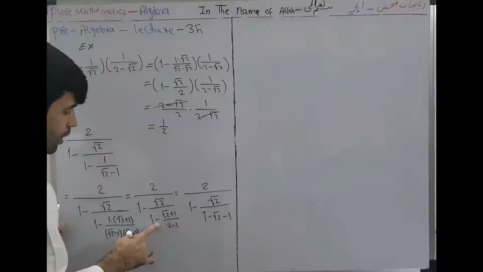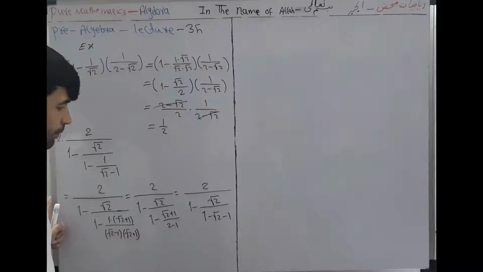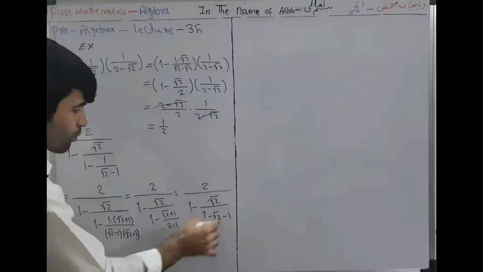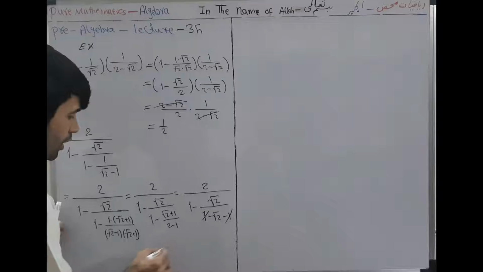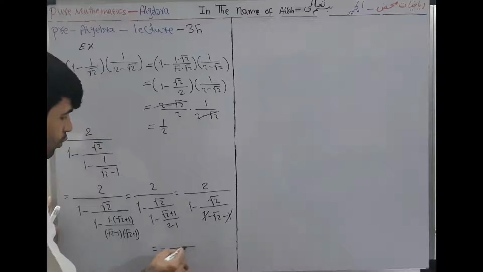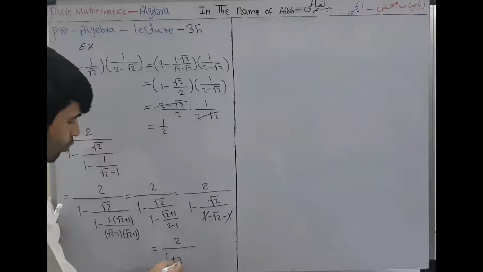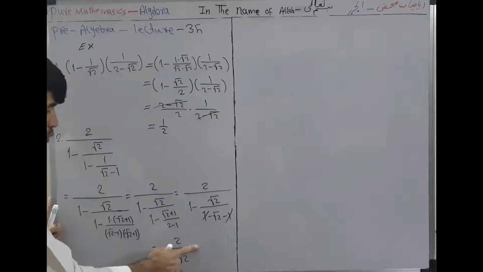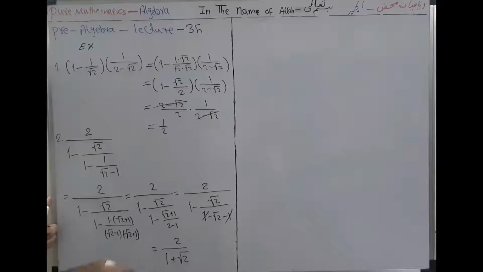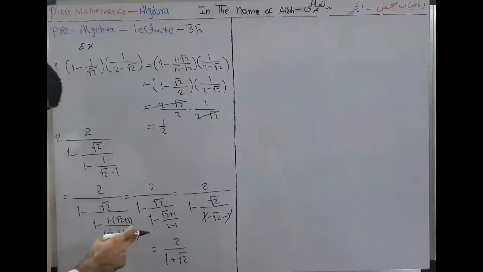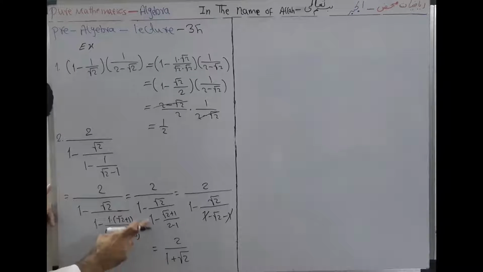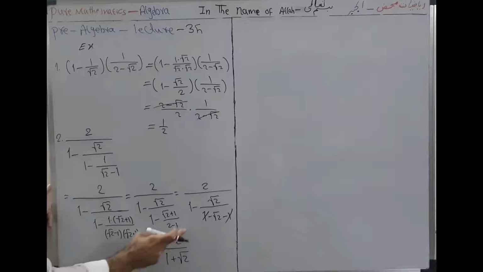This minus multiplied by 2 by 1. Then we get minus square root of 2 minus 1. These two cancel. It is equal to 2 over 1 minus divided by minus plus square root of 2, 2 over square root of 2. Now, 1 minus, this cancelled.